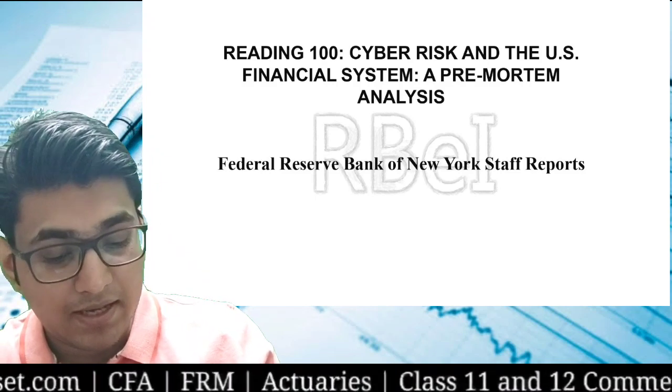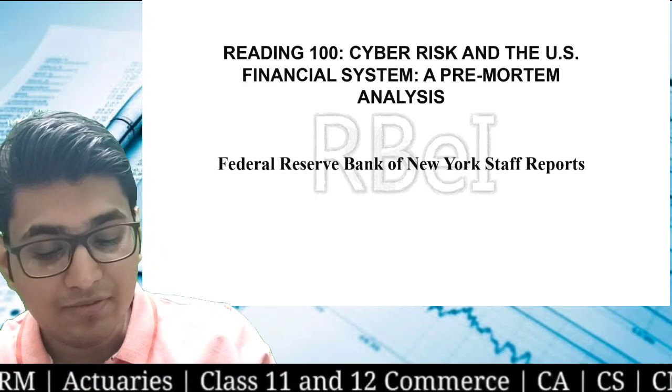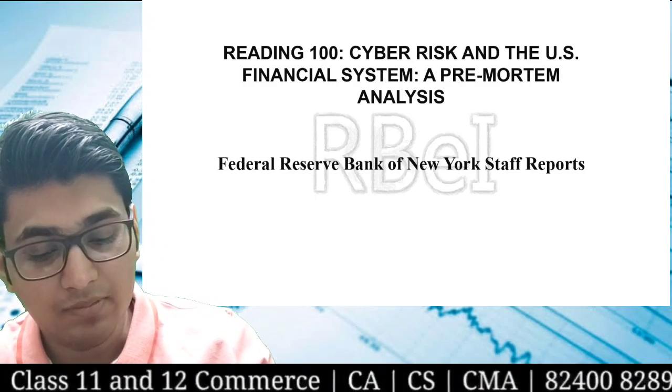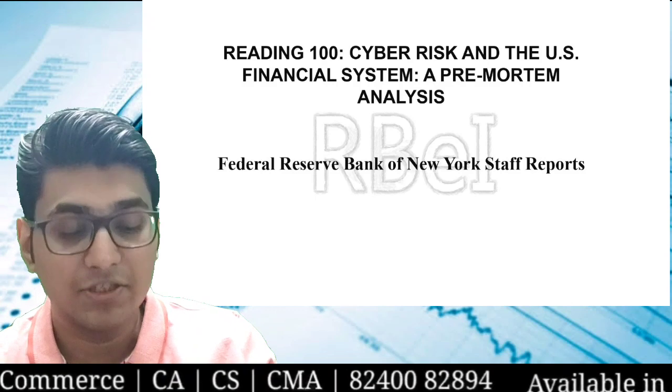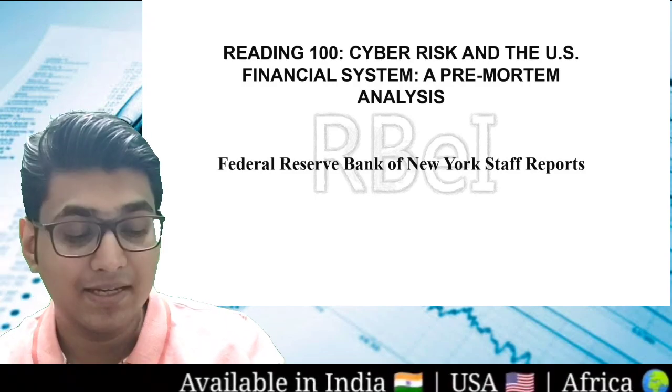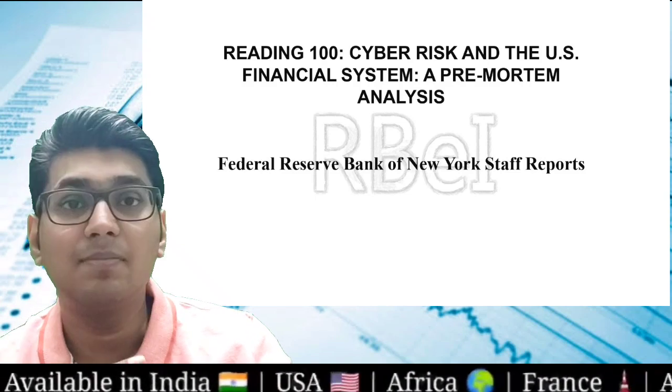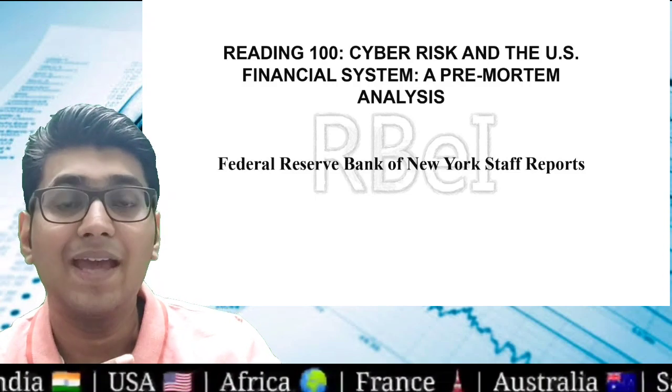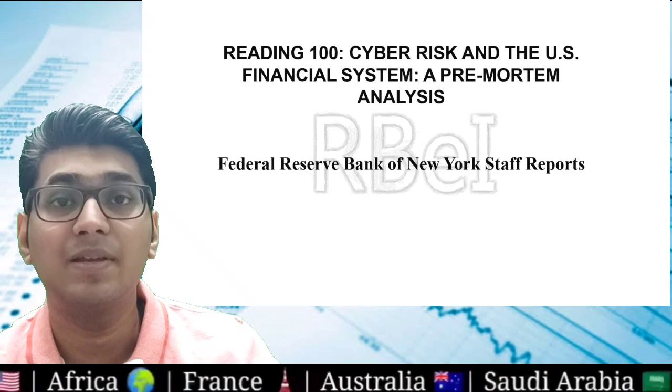Now read the name of the topic: cyber risk and the US financial system. It means the focus will be completely on the US financial system, and we are analyzing it. Premortem, what is the meaning of this premortem? It means analyzing things before they take place.